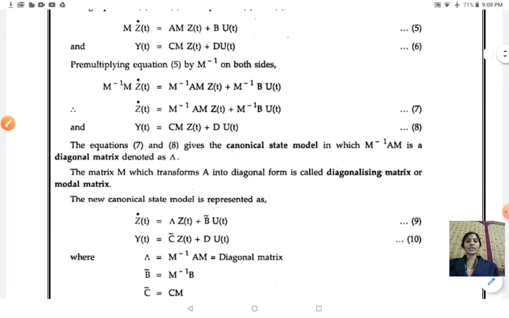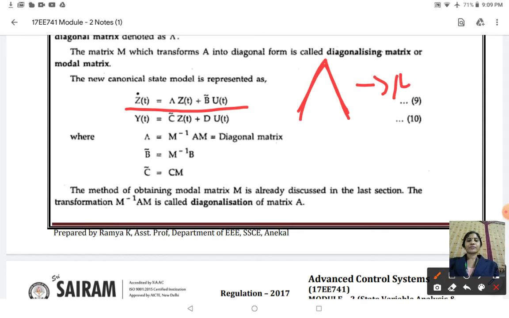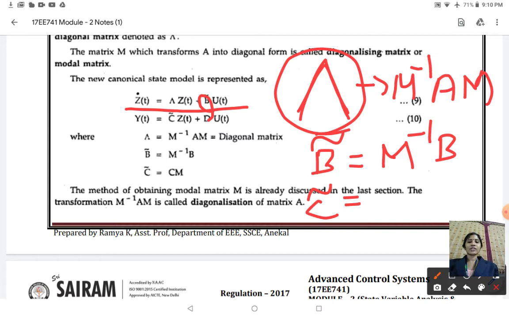And this equation can be written as Z dot of t is equal to A with an inverted symbol, which you are going to represent as M inverse AM, where this is known as your diagonal matrix, and B with the tilde sign is the new value of your B matrix, which is nothing but M inverse B, and the new value of the C matrix is represented as C tilde, and this is nothing but CM.